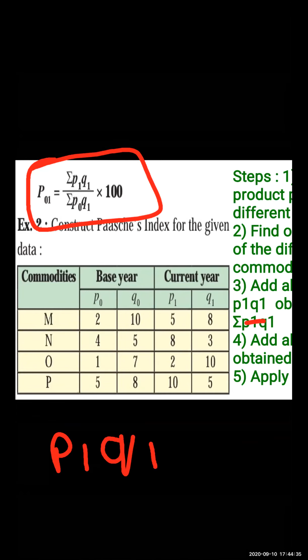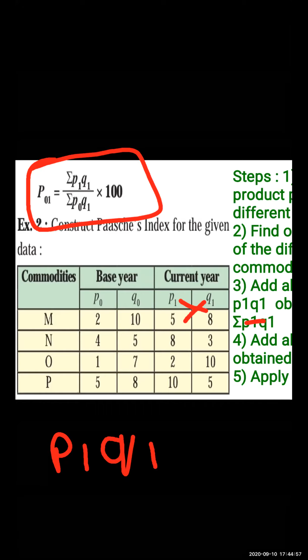So what we need to do over here, we need to multiply or find out the product of price of current year and quantity of current year for each of the commodity. So let's start.